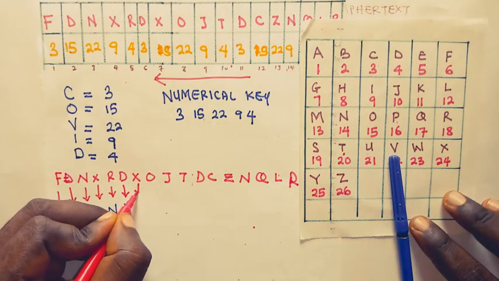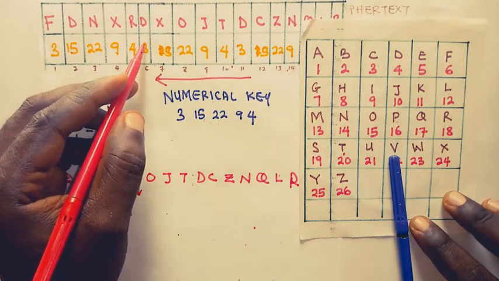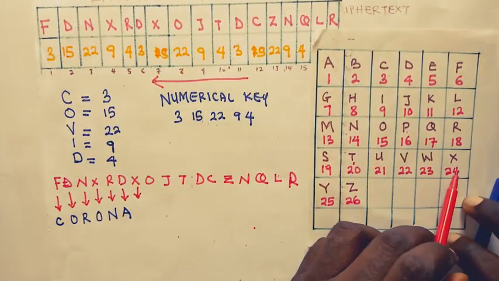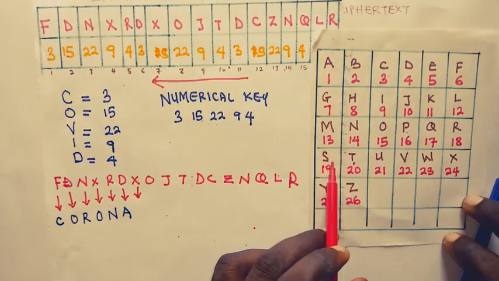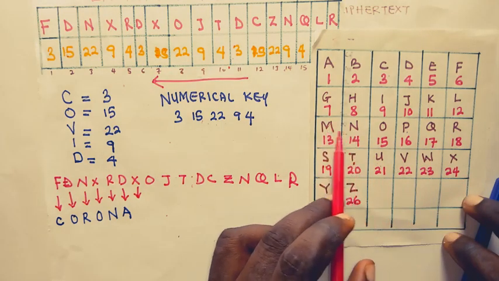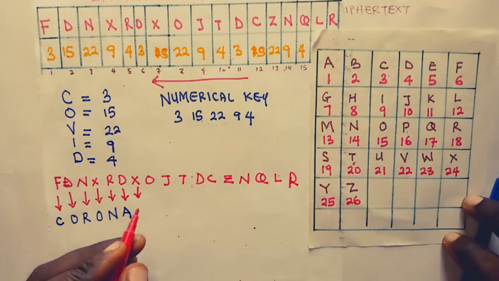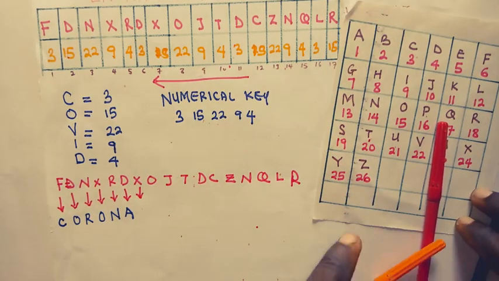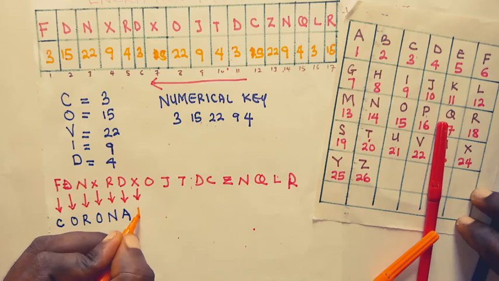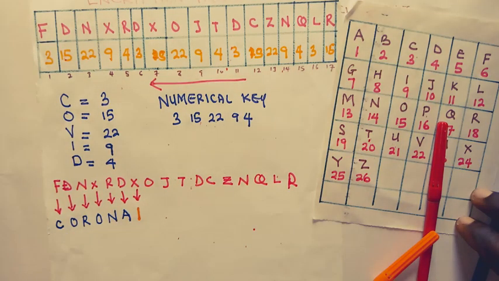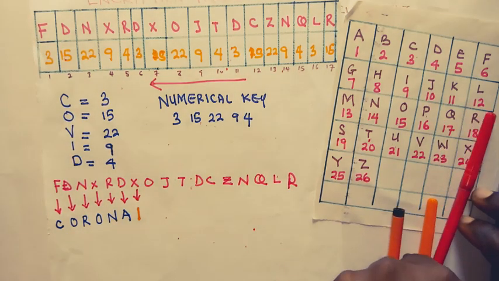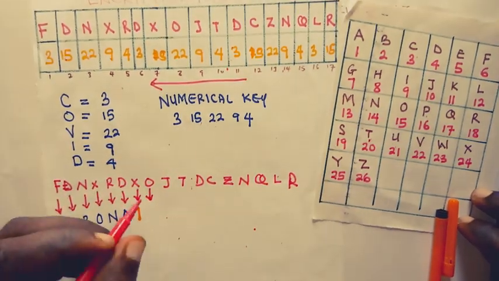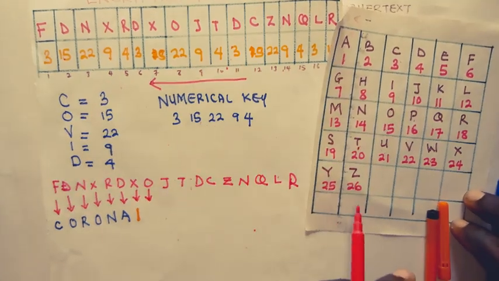X becomes the next X. I have to shift it backward 15 times. 1, 2, 3, up to 15, and it becomes I. Then O, have to shift backwards 22 times.